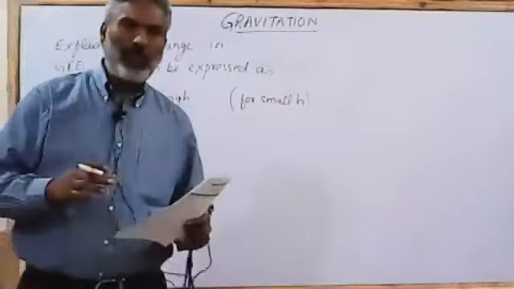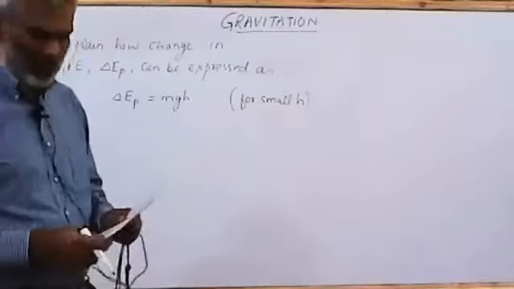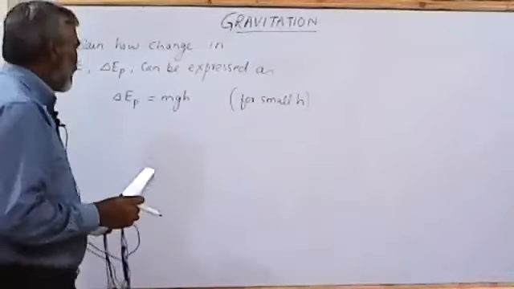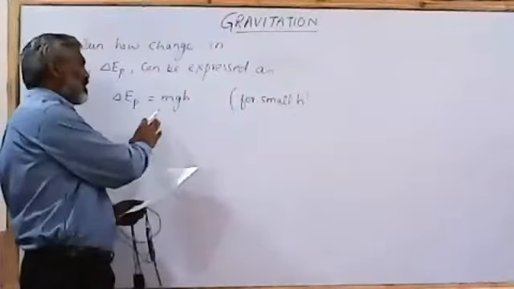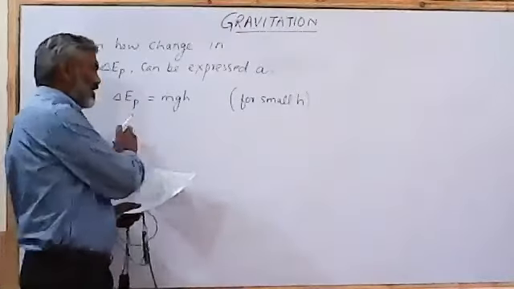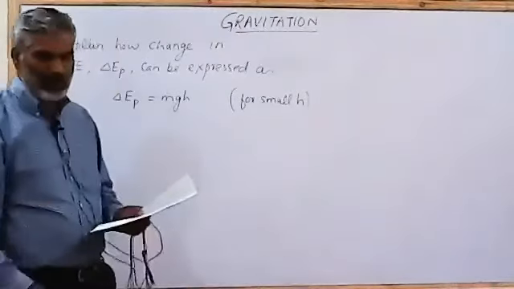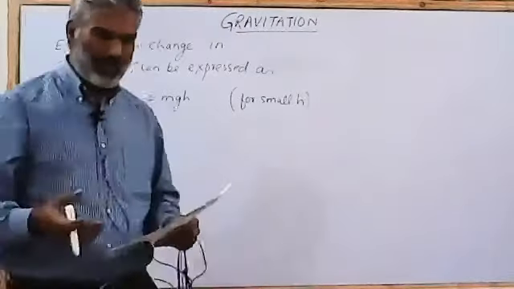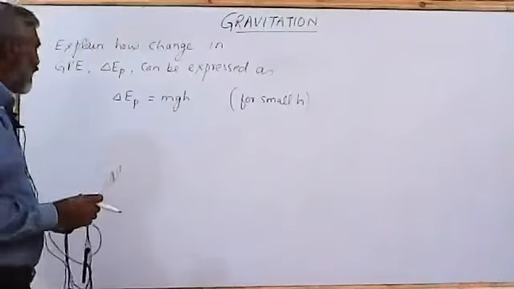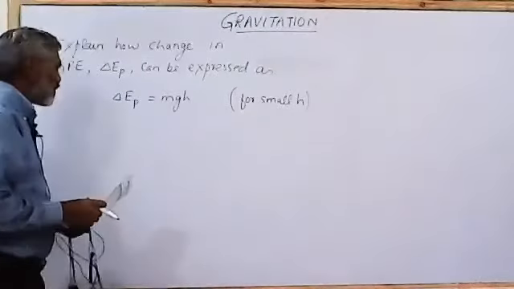That means if you remain close to the surface of the earth, it is correct to express the change in gravitational potential energy as mgh, as you have done in previous classes. Let's see how we can show that.